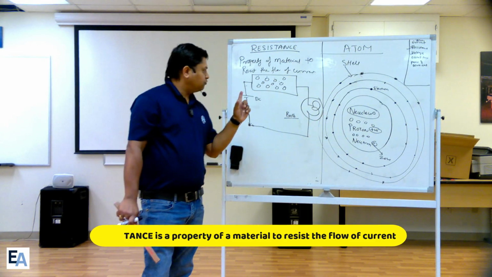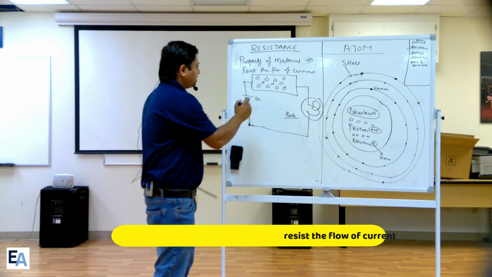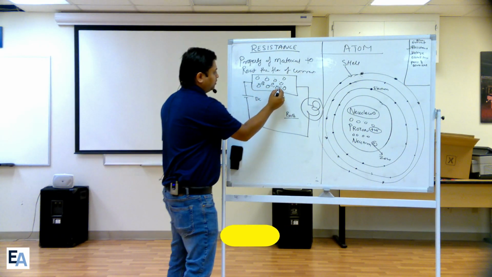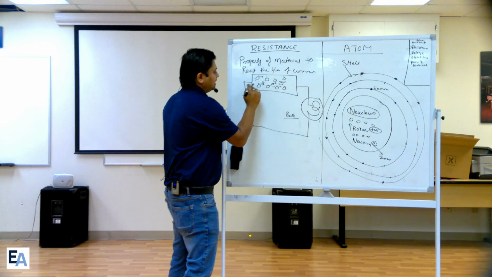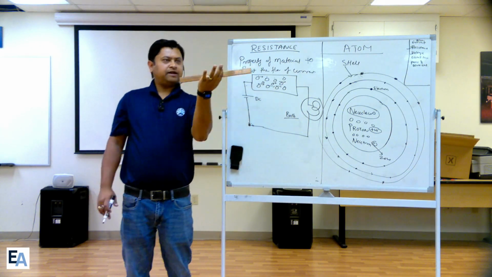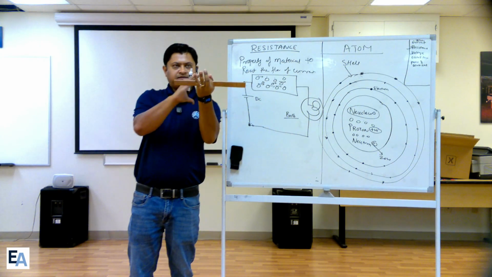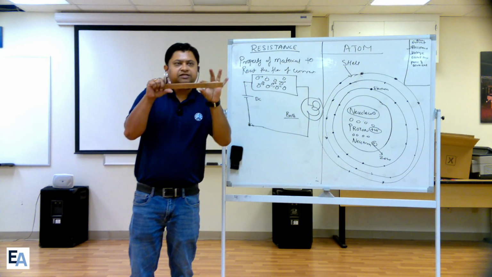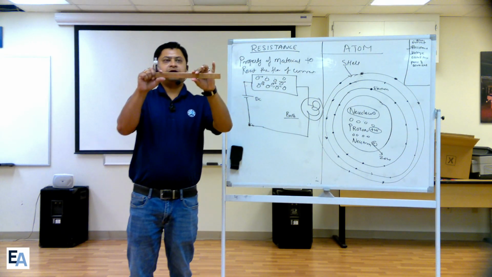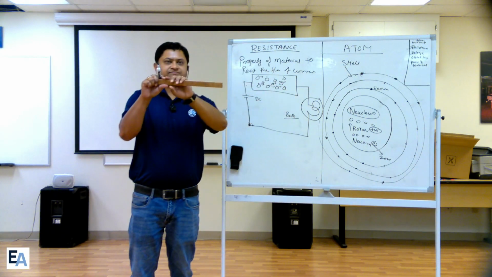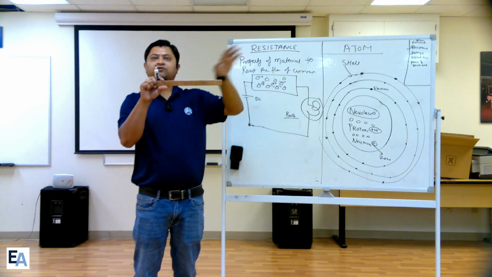When voltage is pushing the electrons in one direction, the copper wire has a lot of atoms in it, and once the voltage pushes these electrons, it is taking the copper out of its comfort zone, because now the electrons are moving in one direction.